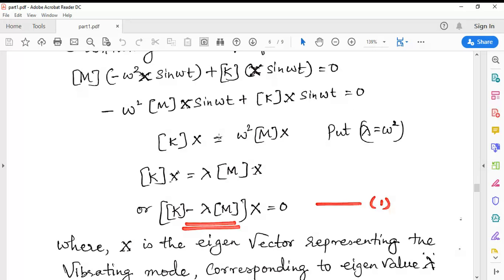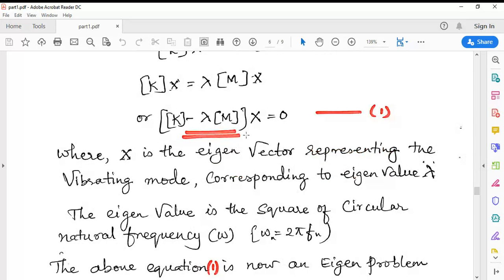Put lambda, look at this here. Kx is equal to, sine omega t will get cancelled. We get minus omega square, go to the other RHS portion, you will get plus omega square m into x. Now put lambda as omega square, then you will be getting kx is lambda m x, or you take the other side, you will get (k minus lambda m) into x is equal to 0.